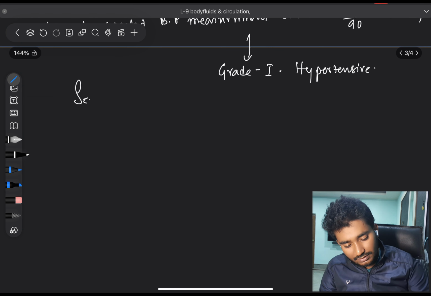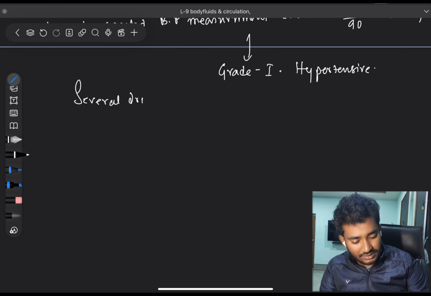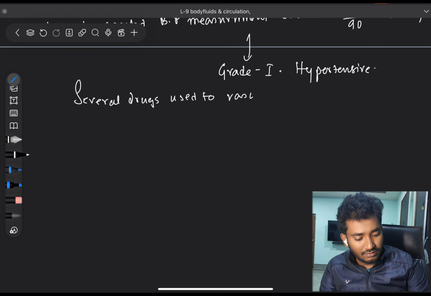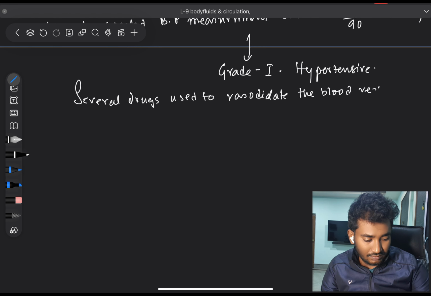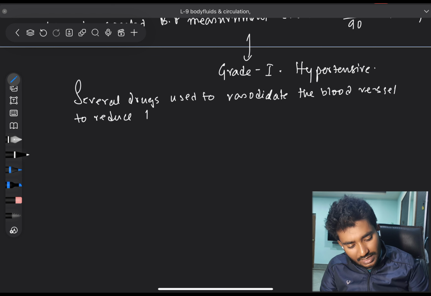Several drugs are used to vasodilate the blood vessels to reduce hypertension.